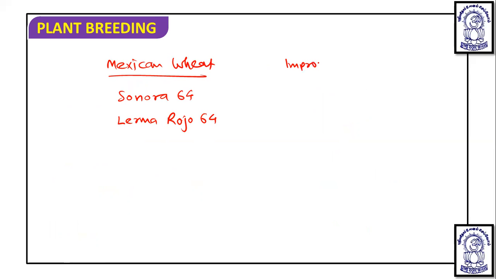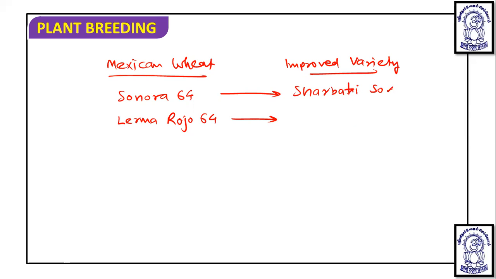Their improved varieties by inducing mutation are Sharbati Sonora, and for Lerma Rojo 64, Pusa Lerma. In such a way the varieties can be improved and made adaptable to our Indian environment.